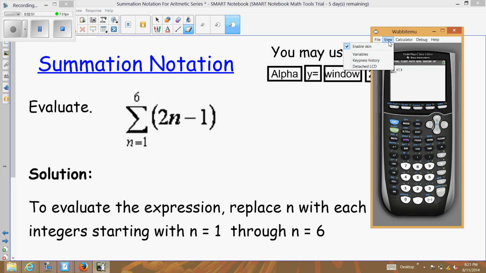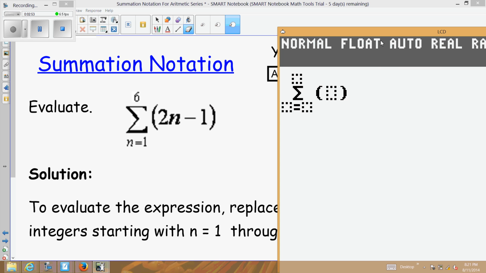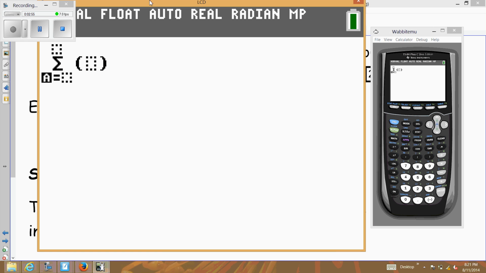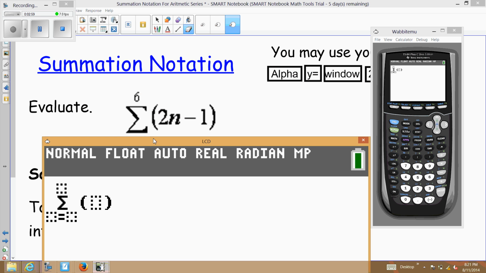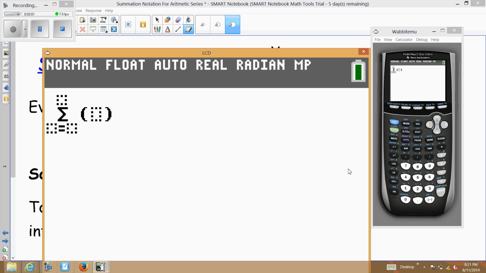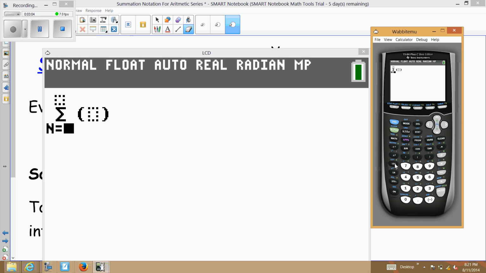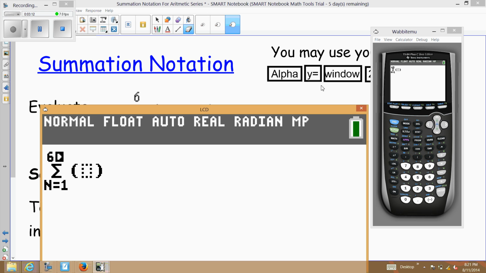I'm going to make your view just a little bit bigger. All right, so this is what you see. And if you compare it to what you had, the n equals 1, you just type in the n button, and it's already got the alpha key, n and 1. And you can arrow up to the top to get the 6. And then if you look at the explicit part, it's 2n minus 1.